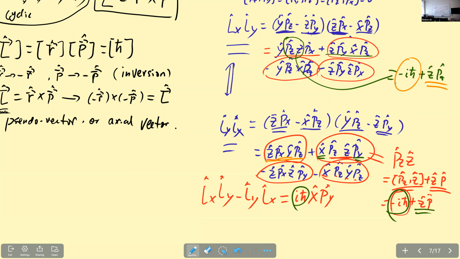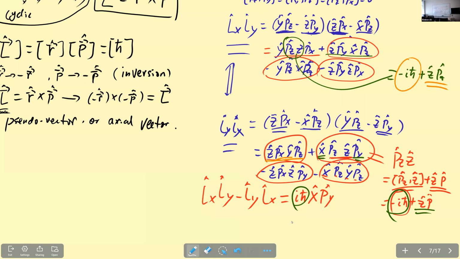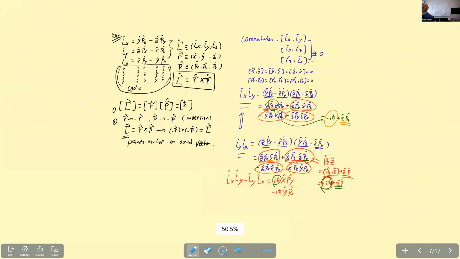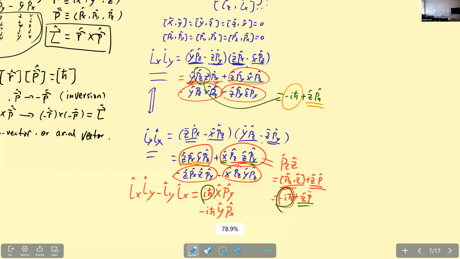But you have an extra term, okay? So that means you got a term minus I h bar. But now this is going to be Y, because here you have Y and you have Px right here. So Y and Px, okay? But anyway, you need to be a little bit careful with this kind of calculation, okay? There are many terms.